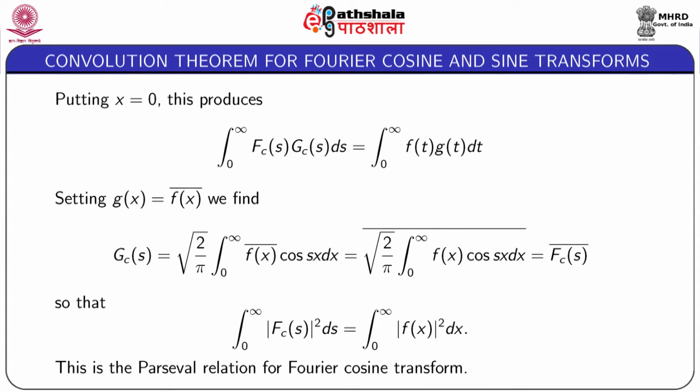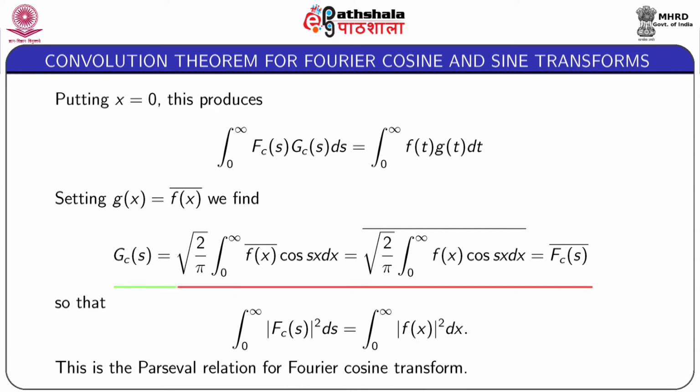Now, in this result we put x equal to 0, so that the left hand side becomes the integral from 0 to infinity of capital Fcs into capital Gcs ds, and the right hand side becomes the integral 0 to infinity of small f(t) g(t) dt. Now, we set small g(x) equal to small f bar(x) to find capital Gcs, which is the Fourier cosine transform of small g(x).